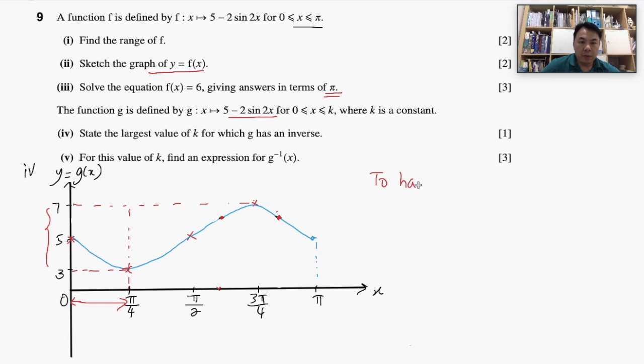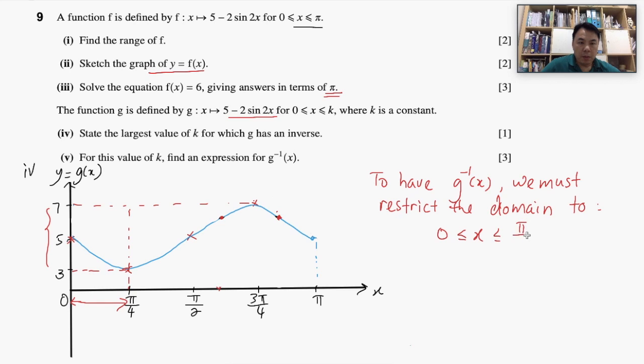Therefore, based on the graph, to have an inverse for g(x), we must restrict the domain to x greater than 0 and less than pi over 4, based on this diagram.